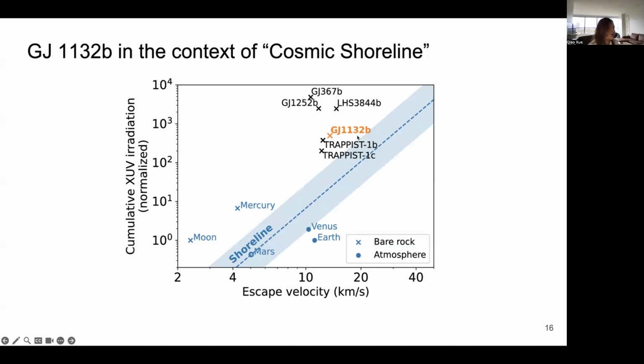The relative position of our target, GJ1132b, and these other 5 planets again reinforces that GJ1132b is most likely to be a bare rock with no or very thin atmosphere.